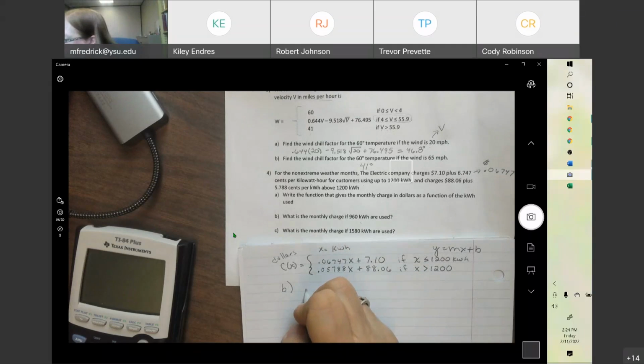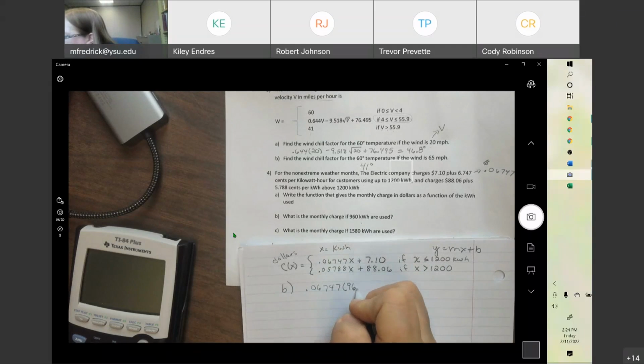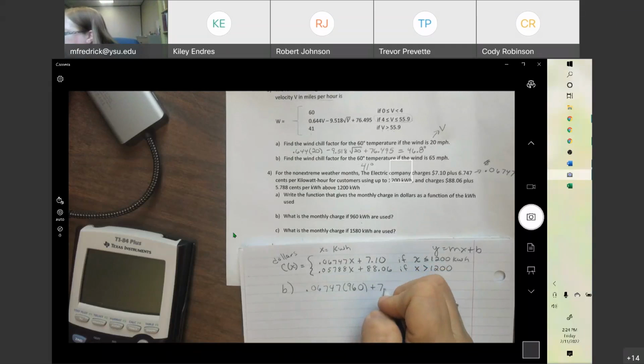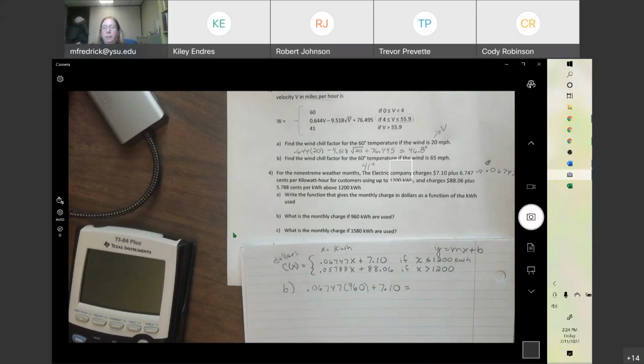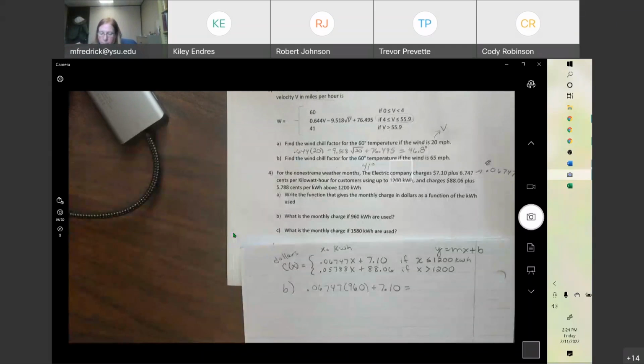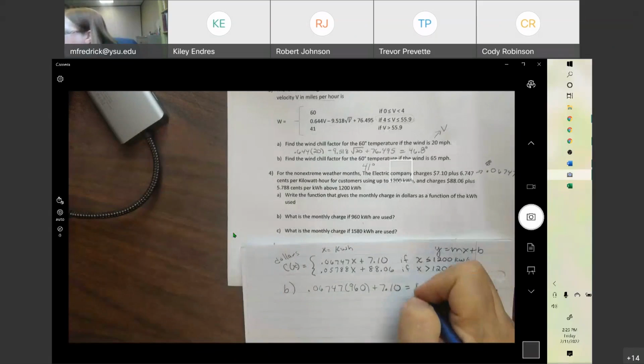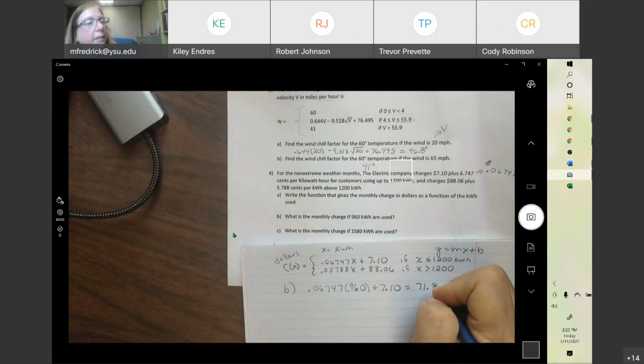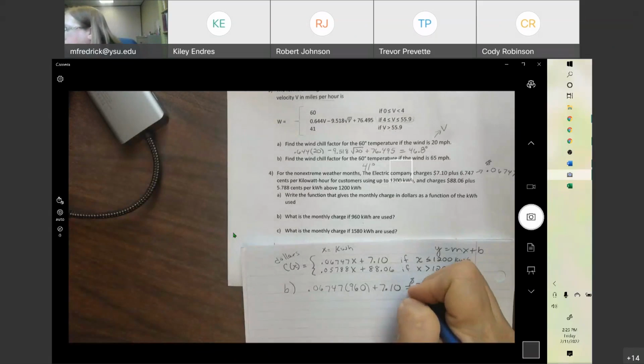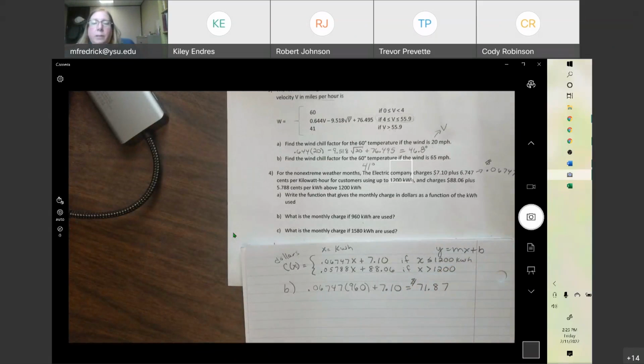So then we just plug it in and calculate it. $71.87. Any questions?